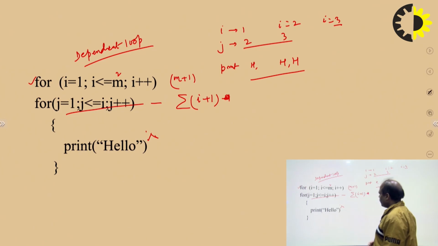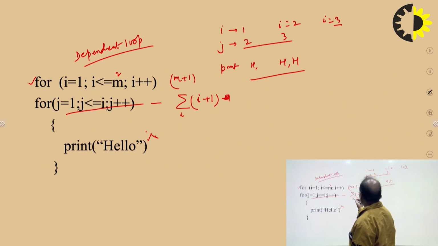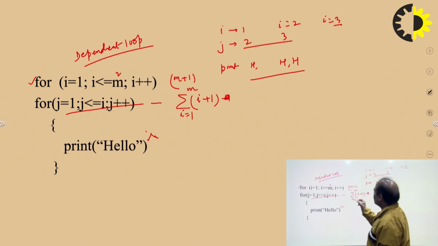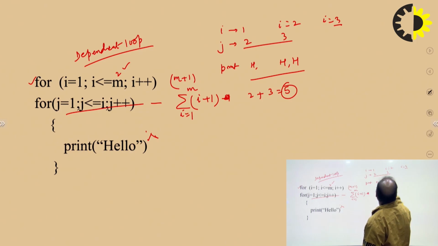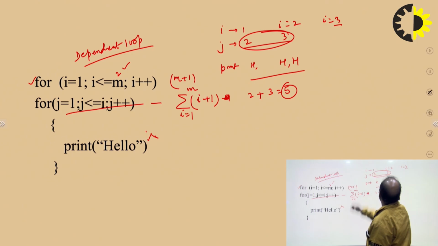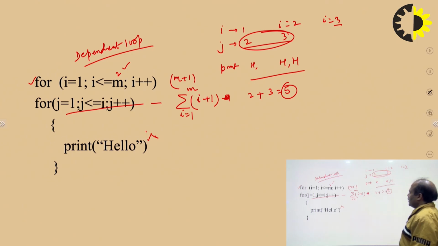Yes. And this i is starting from 1 to m. Look here, if m equals 2, so i is 1, this becomes 2, and m is 2, so this becomes 3. So of course this is running 5 times, which is in our own discussion. It is correct, right? Yes.